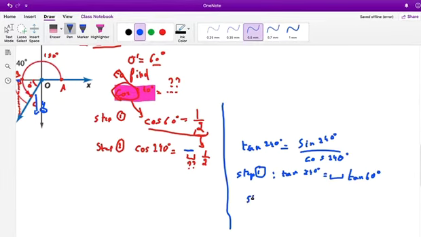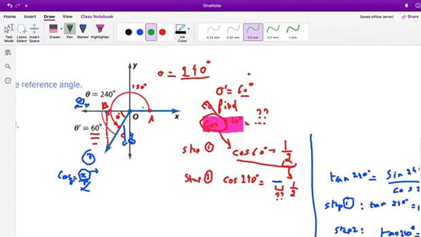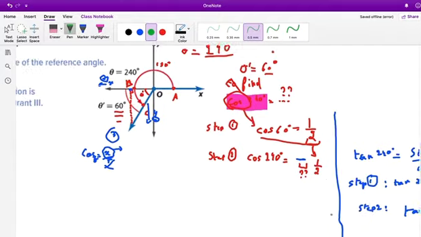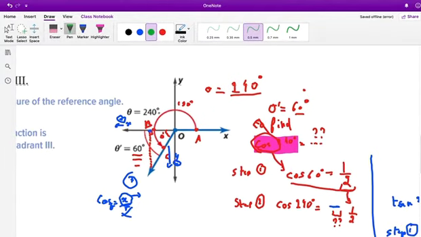So, let's go to step 2. In step 2, tangent 240 degrees is equal to radical 3, which I got from tangent 60, and there is a sign missing at the beginning. Now, let's talk again about how I can find this sign. I will go again to my graph. I'm talking about the angle 240 degrees, which, as we said before, is in quadrant number 3.